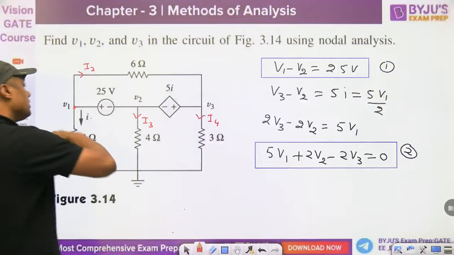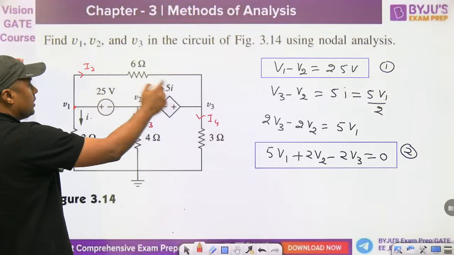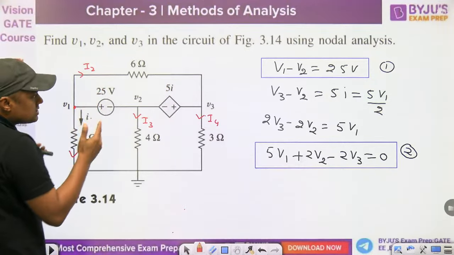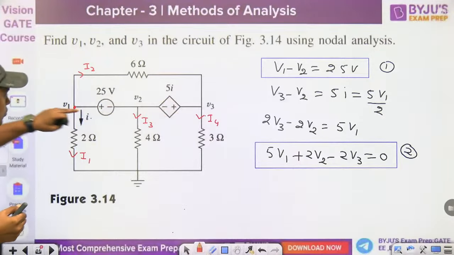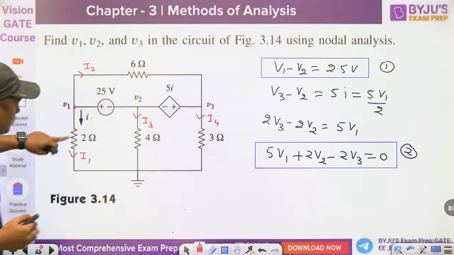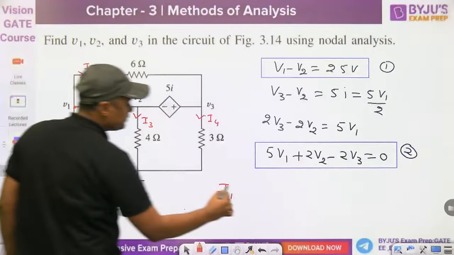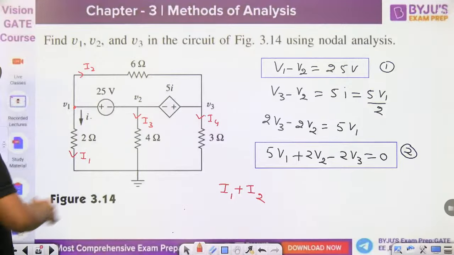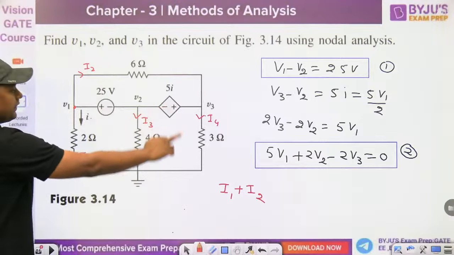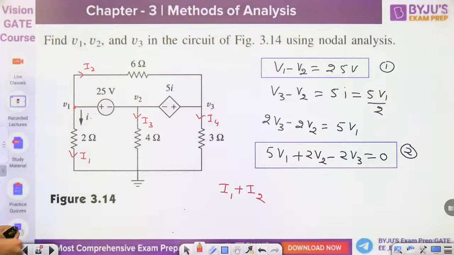But the incoming current is I2. So you can apply the incoming current, or you have to consider that we want to write the KCL at this node and at this node. Just watch this. I write I1 outgoing current, I2 outgoing current, then this is I3, and this is I4. Write these node equations and try to solve this particular question, guys.